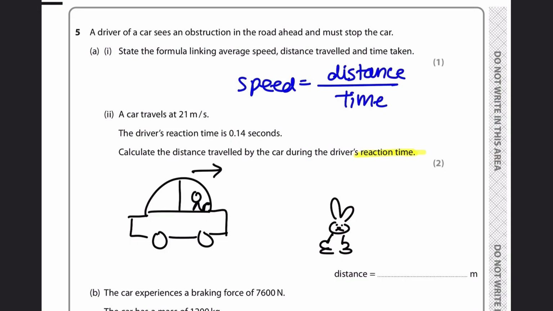So the moment he sees the bunny, it takes 0.14 seconds before he reacts by hitting the brakes. And during this 0.14 seconds before he's hit the brakes, the car is still moving, right? So that distance is what we're calculating. Understand that it's the distance covered by the car before it starts to brake.